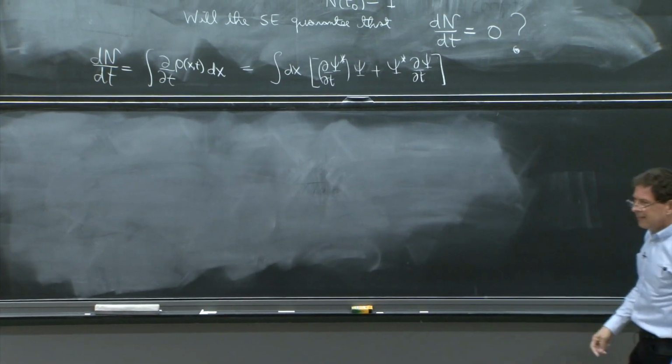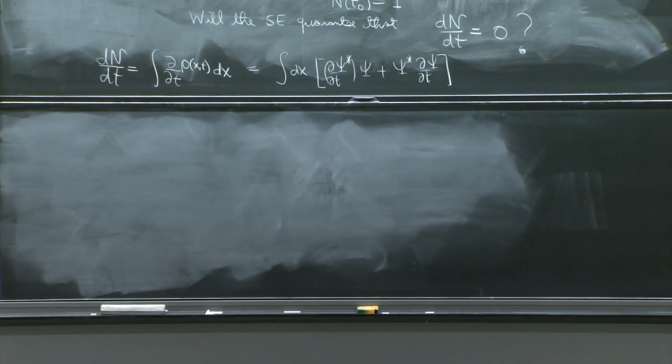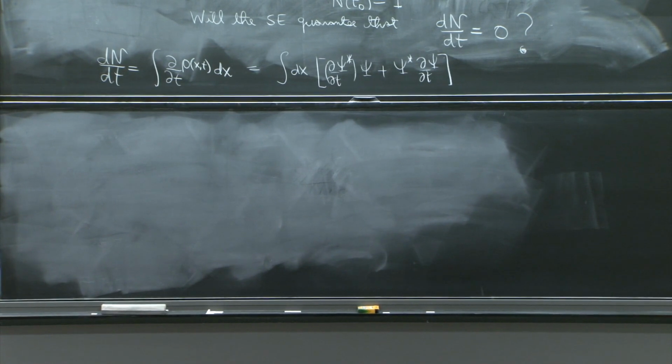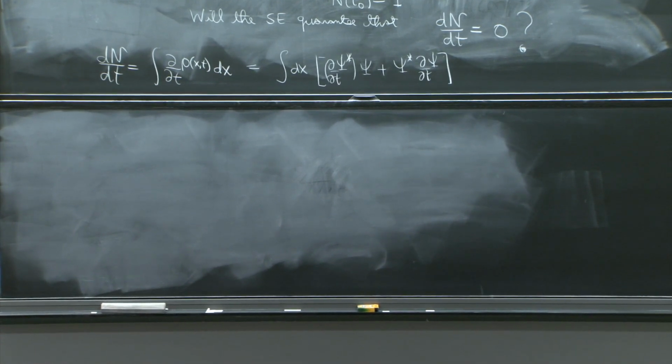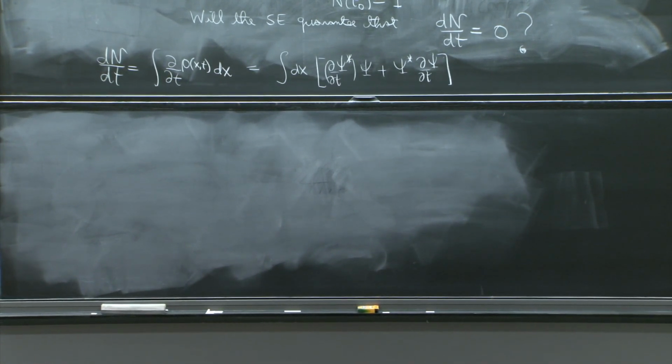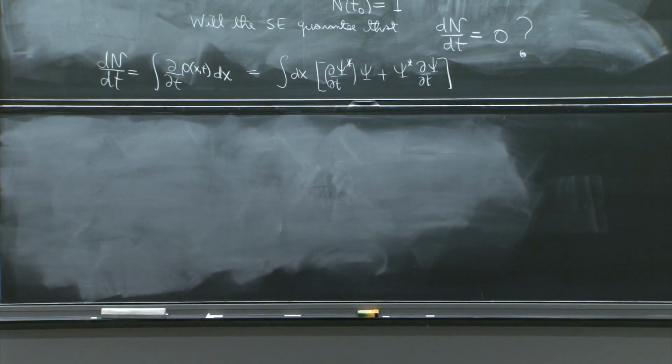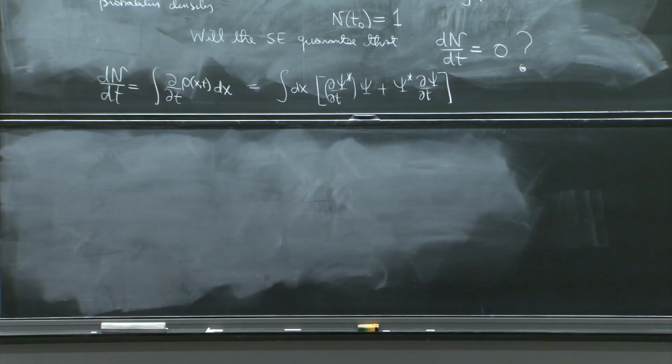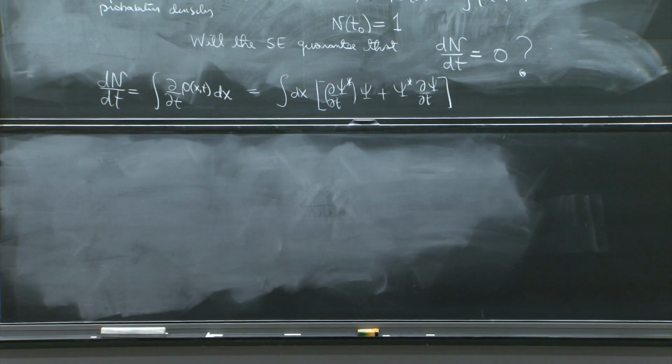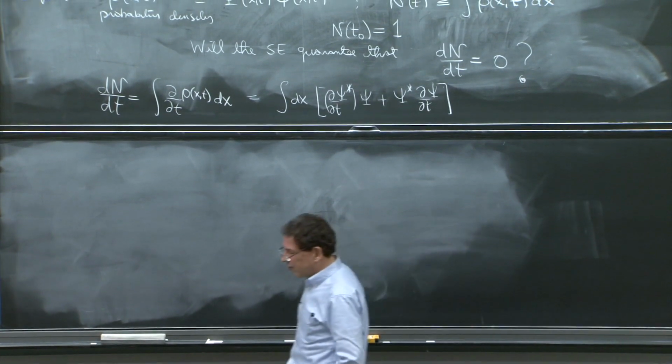Okay. And here you see, if you were waiting for that, that the Schrödinger equation has to be necessary because we have the d psi/dt, and that information is there with Schrödinger's equation.